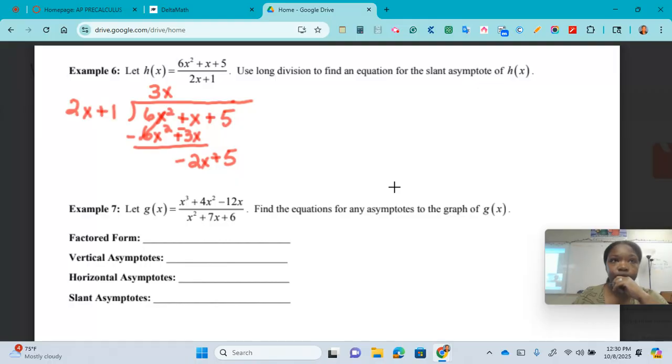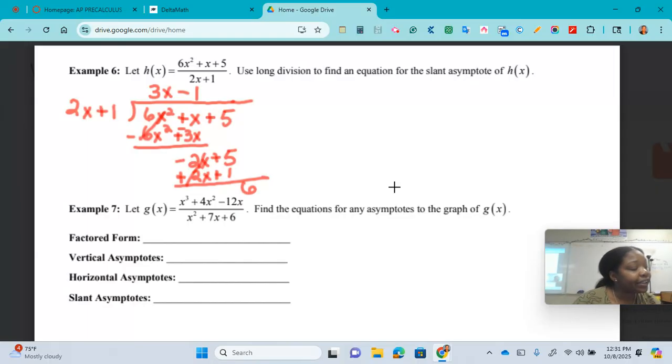Excellent. 2x into negative 2x is negative 1. Negative 1 times 2x is negative 2x. Negative 1 times 1 is negative 1. We change the signs because everything turns to its opposite here. That crosses this out. 5 plus 1 is 6.